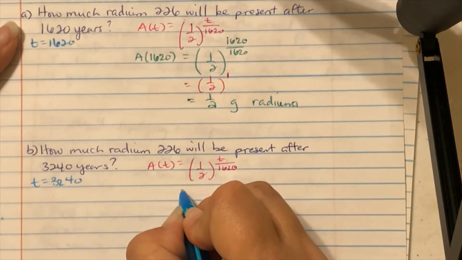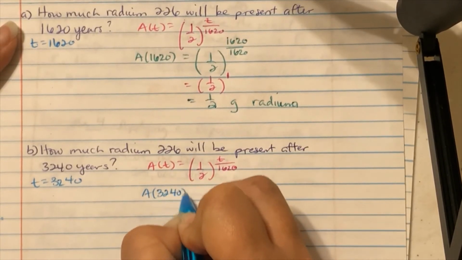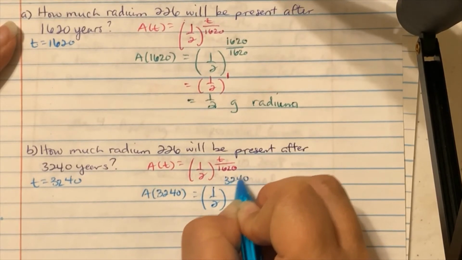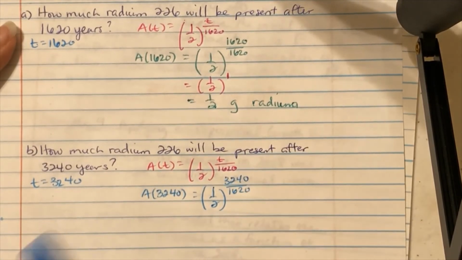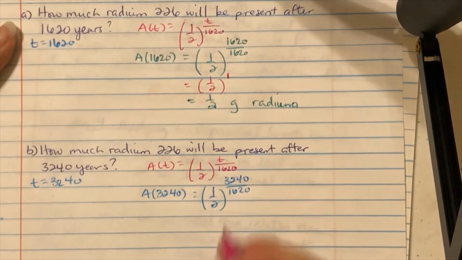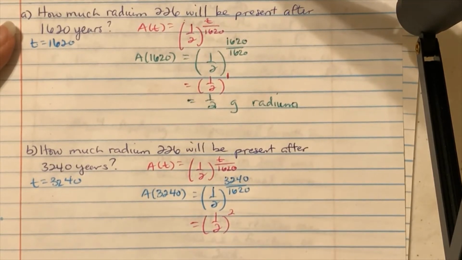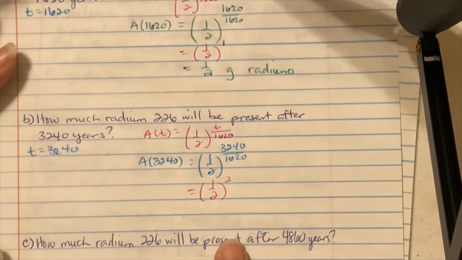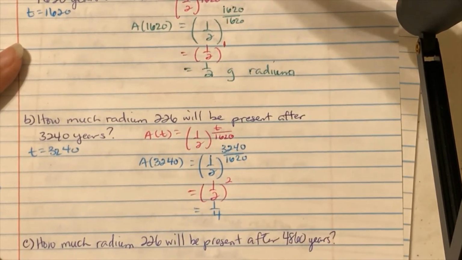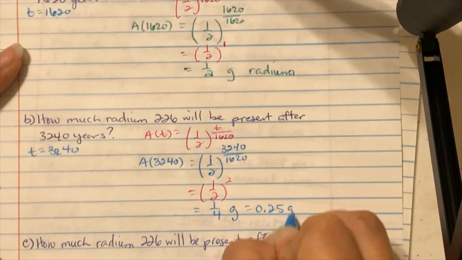So we have A of 3,240, 1/2 to the 3240 divided by 1620. Well, that numerator value is actually double the bottom value. So we're actually looking at 1/2 to the power of 2. Well, a half raised to the power of 2 means 1/4. So it means we have 1/4 grams, which is 0.25 grams left of radium.